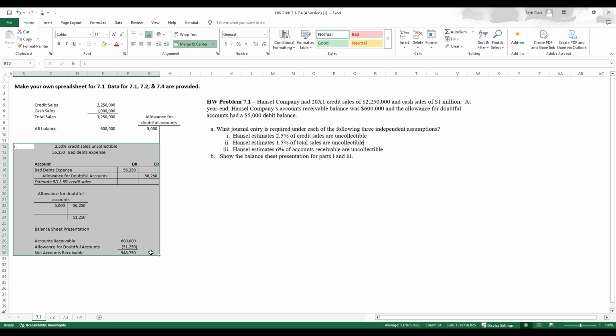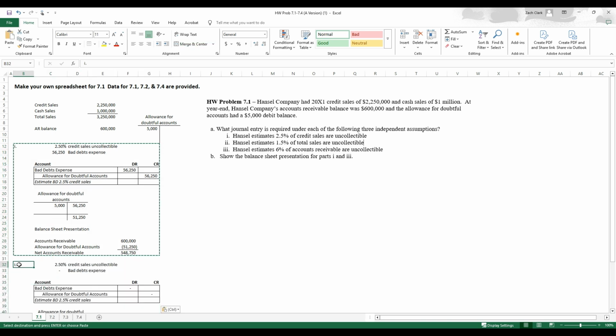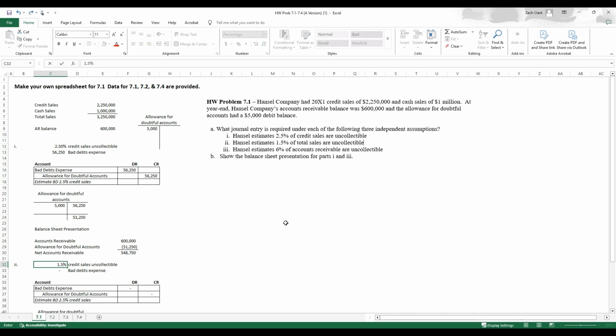Okie dokie. So I'm just going to copy all this down. This will be part 2. In this one, we're going to say that we estimate 1.5% is uncollectible of total sales. So it's not just credit sales here, we're going to do total sales.